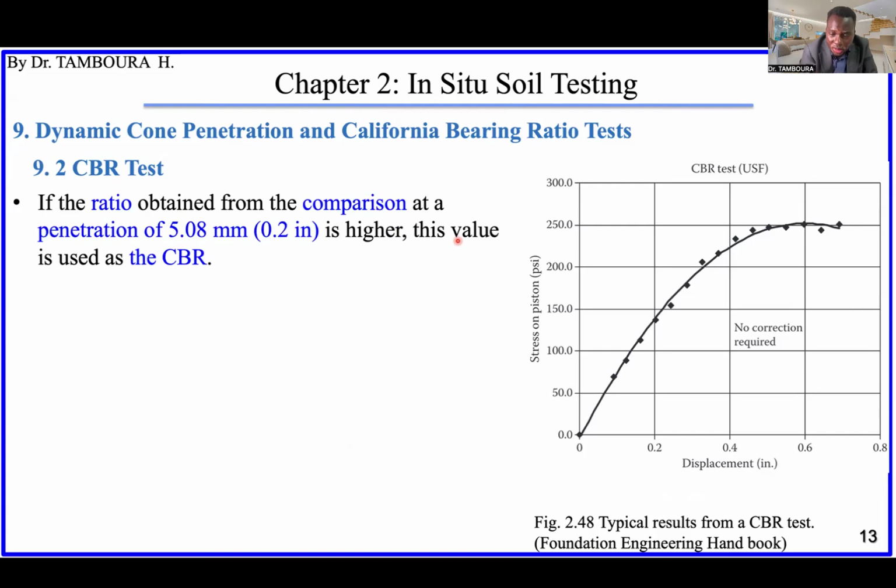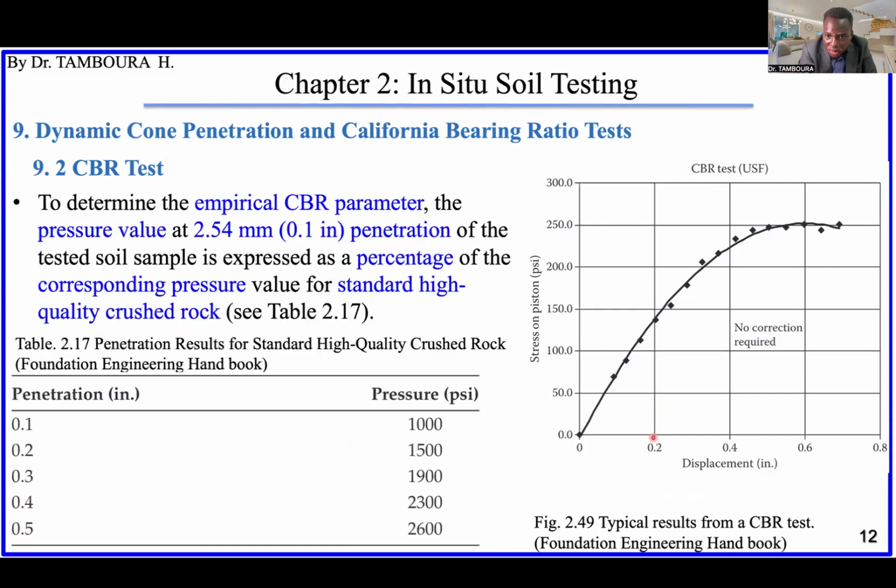So if you do that, in our case, let's go and do that, and you will see that for 0.2 the pressure will be here, maybe less than 140, around 140, let's say 140. And you divide that by the corresponding value here, which is 1,500. Don't forget that it is in percentage, so you multiply by 100.